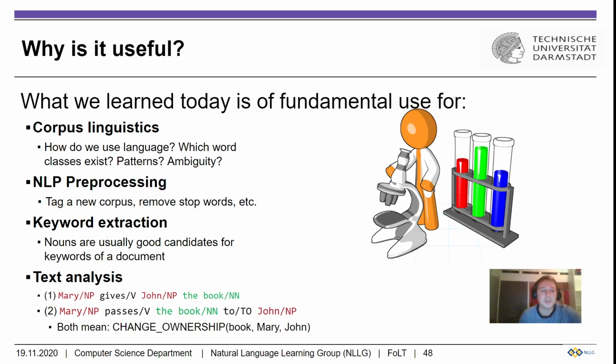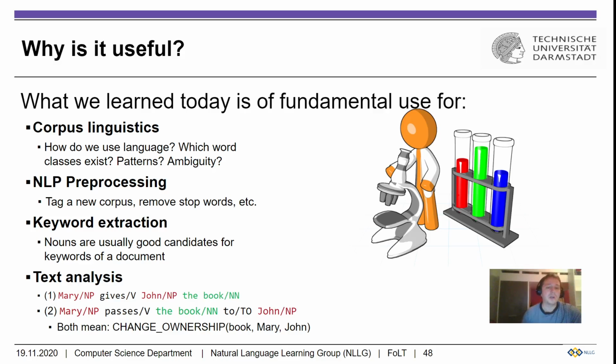Which kinds of ambiguity? It's also important for pre-processing, to remove stop words, for example, because we can get the stop words by the word class. For example, if they are punctuation, we could remove them, and that could be given by the part of speech tag. We could also use that for keyword extraction.